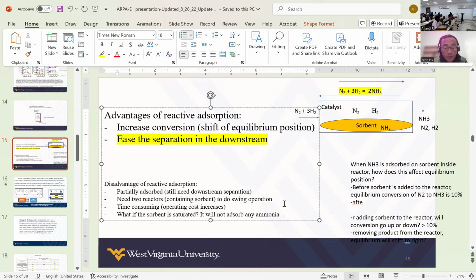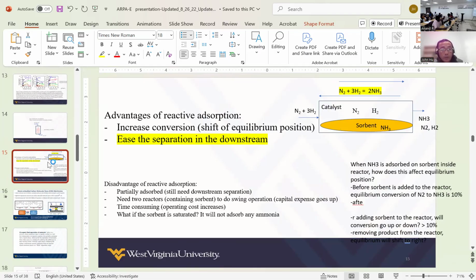You need to write: capital expense goes up. If it's time consuming, operating cost goes up because you have to wait. So all of the techno-economic analysis we are going to talk about next is related to how much capital cost, how much operating cost.